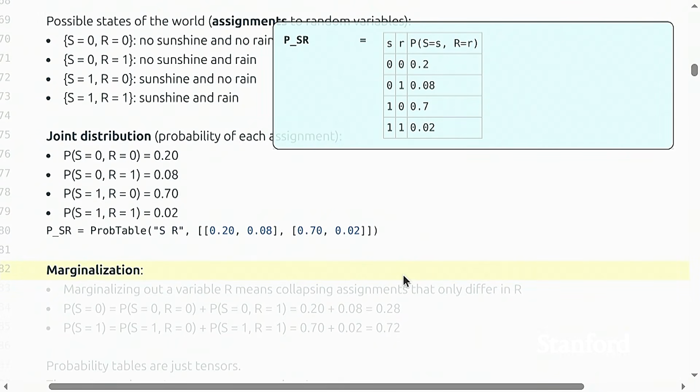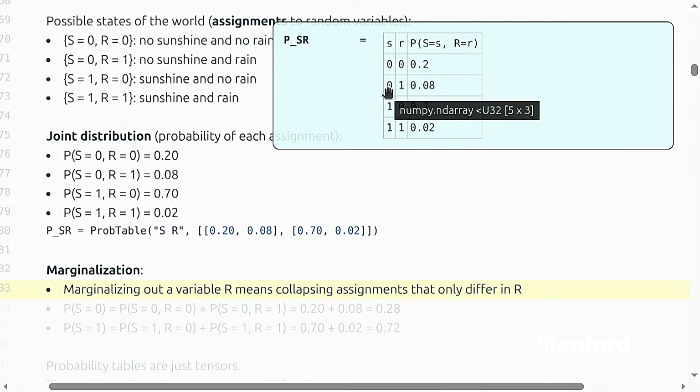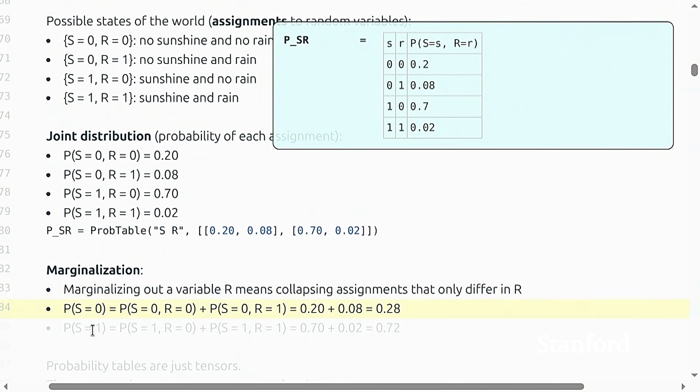Marginalization intuitively just ignores a variable. What I mean by ignoring the variable is that it's going to collapse all assignments that only differ in R. So the probability of S equals 0 is S equals 0, R equals 0, plus S equals 0, R equals 1. We don't care what value R takes because R is being marginalized out.